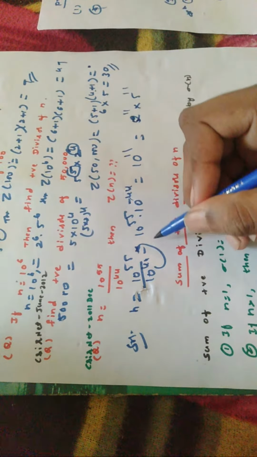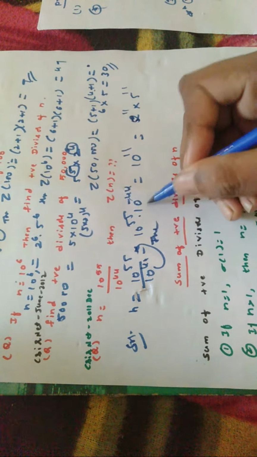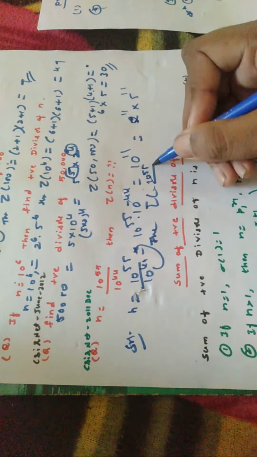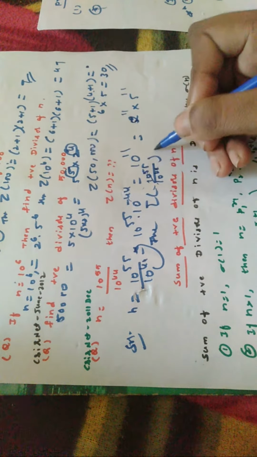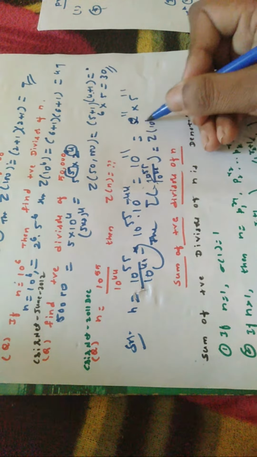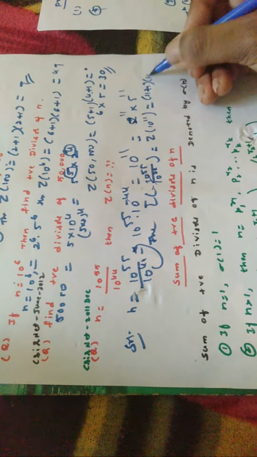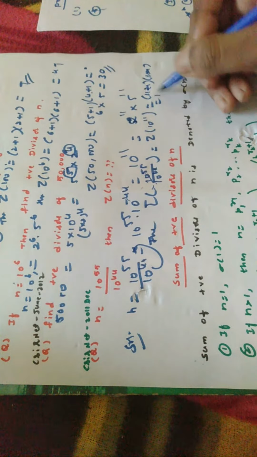Then tau of 10 power of 55 by 10 power of 44, that means tau of 10 power of 11, is equal to (11 plus 1) into (11 plus 1). We get the answer 144. This is the answer we get.